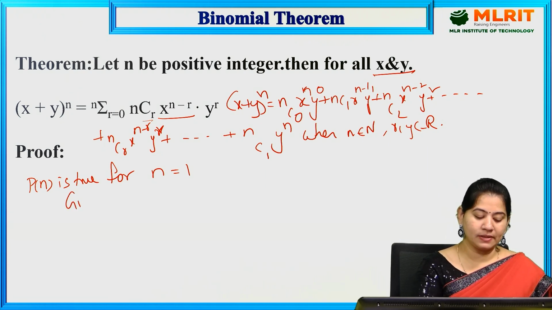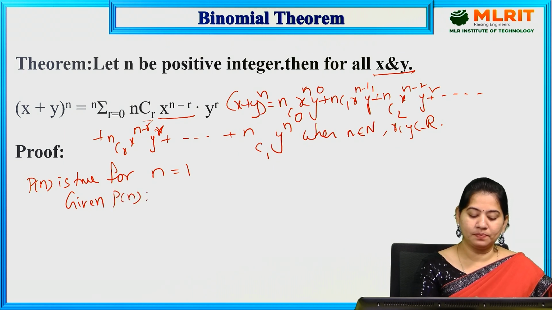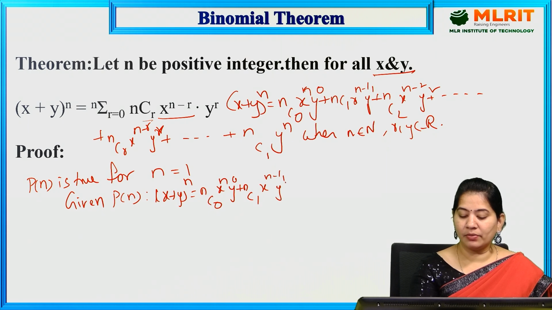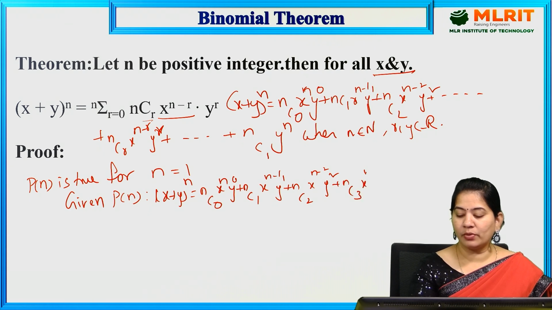Let us take the given P of n: x plus y whole power n is equal to nc0 x power n y power 0, plus nc1 x power n minus 1 into y power 1, plus nc2 x power n minus 2 into y power 2, plus nc3 x power n minus 3 into y power 3, plus so on.